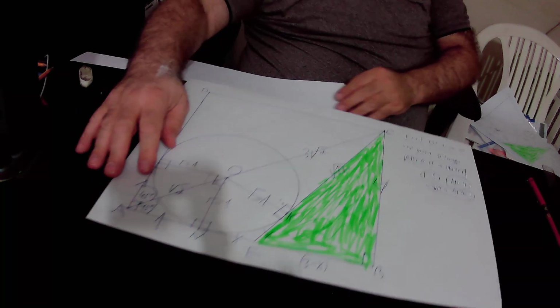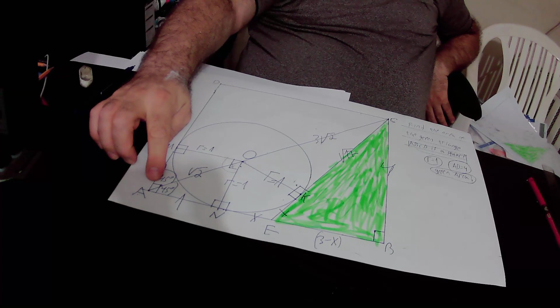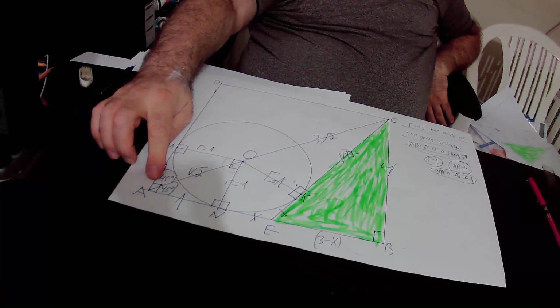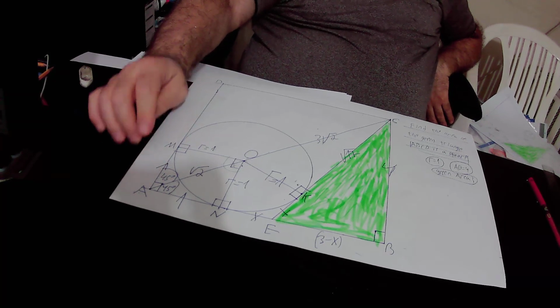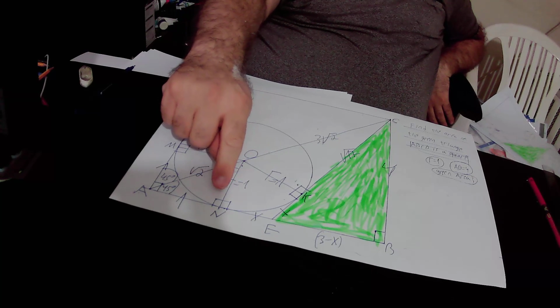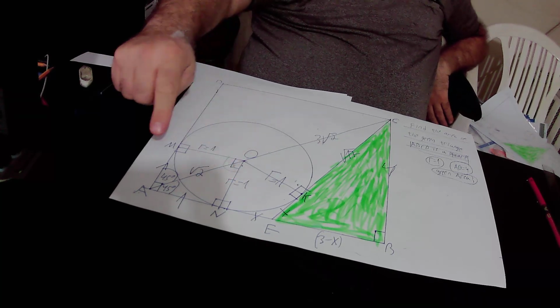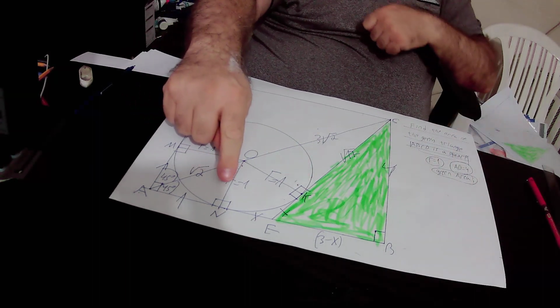And we also know that all the angles inside the square are right angles, therefore this angle equals 90 degrees because it is 1 out of 4 angles of the square ABCD. And we also have this radius that is drawn to the point of tangency, that is to say, it is drawn to point N, the point of tangency of tangent AB with this circle.